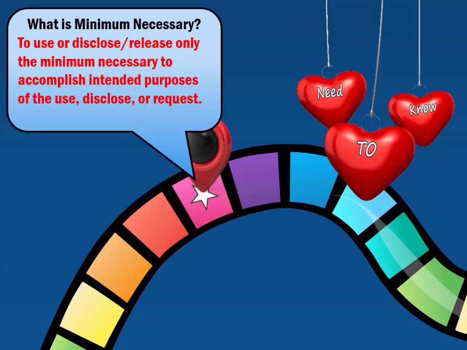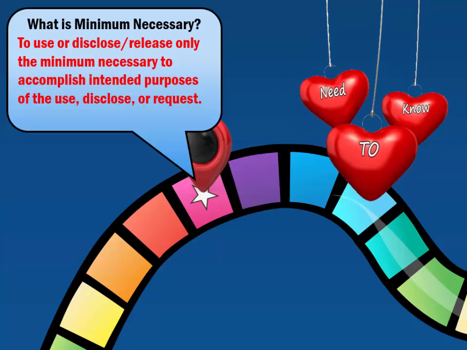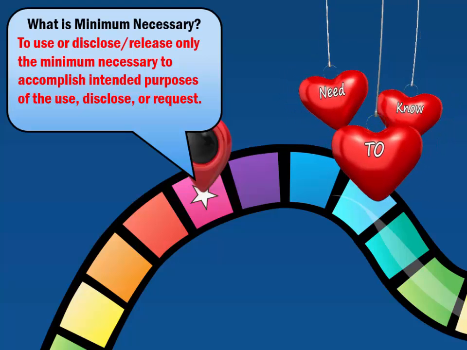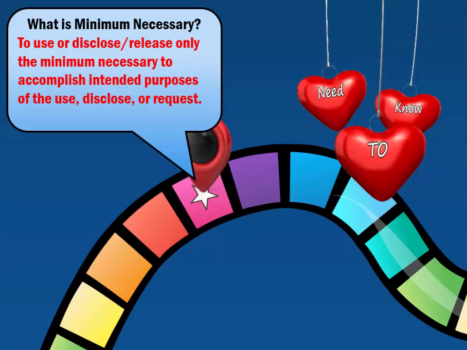For requests from employees of Department of Health and Human Services, the following steps should be followed. 1. Identify each workforce member who needs to access PHI, and 2. Limit the PHI provided on a need-to-know basis.